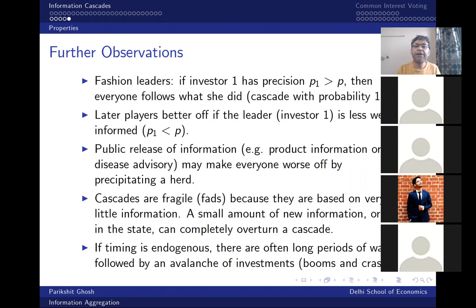While we're talking of heterogeneous information, when agents are not similarly informed, suppose some agents have slightly better information than others. For example, suppose there's a meeting, a board meeting, a faculty meeting in a university, a corporate meeting. Some people are seniors, they have more experience, maybe their signals are better.